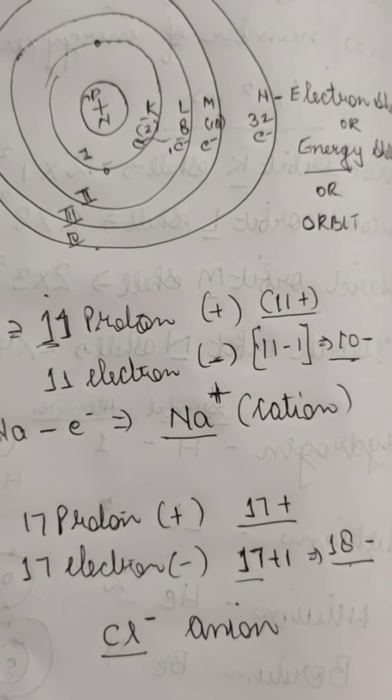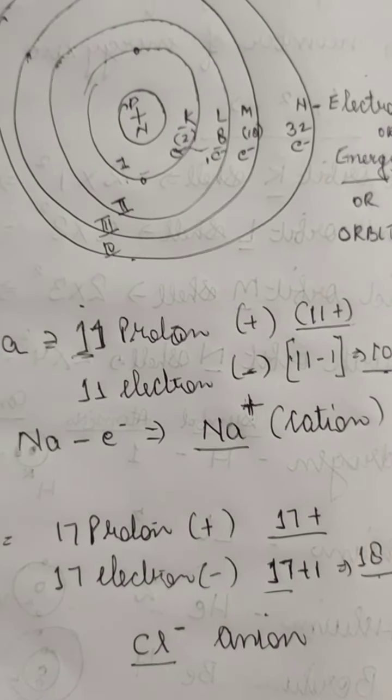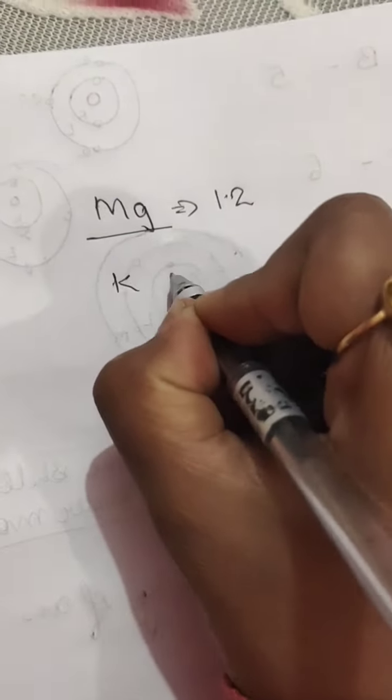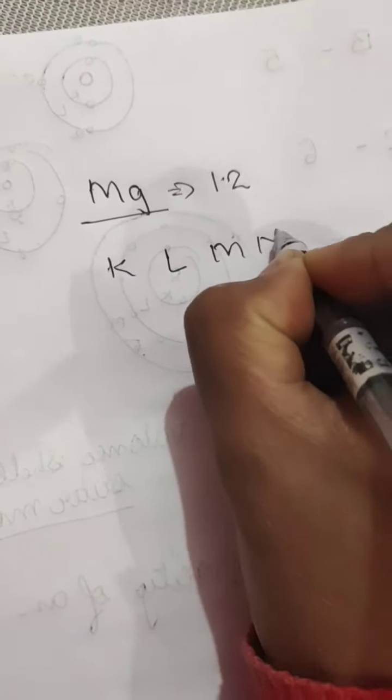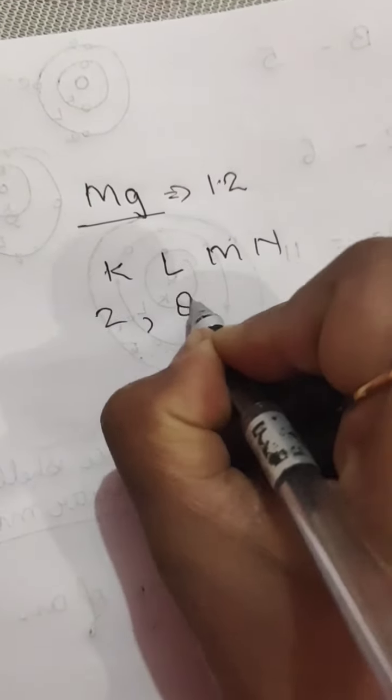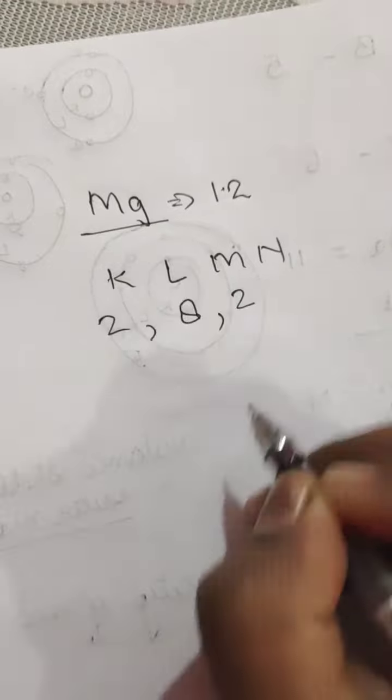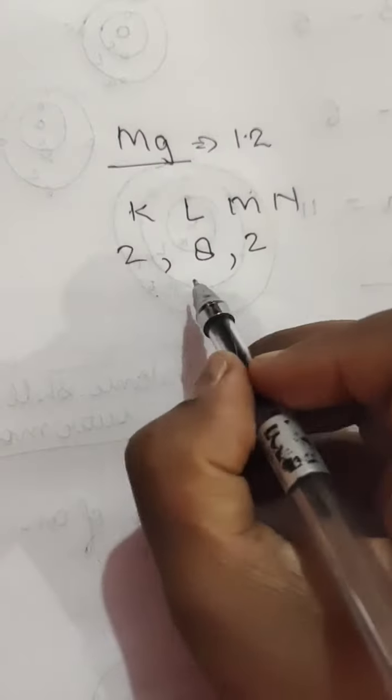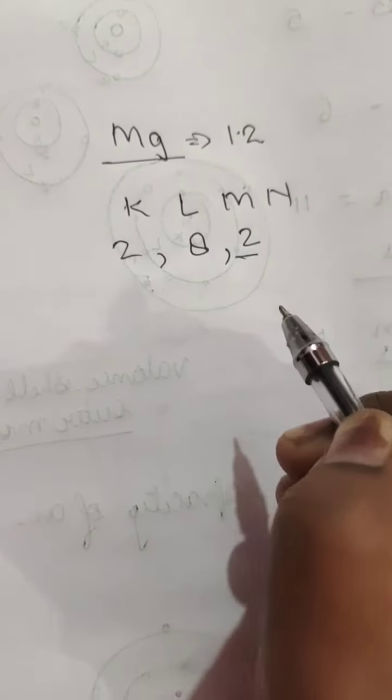Like magnesium, which has atomic number 12, and the configuration K, L, M will be 2, 8 and 2. According to this, it has 2 electrons in its outermost shell.